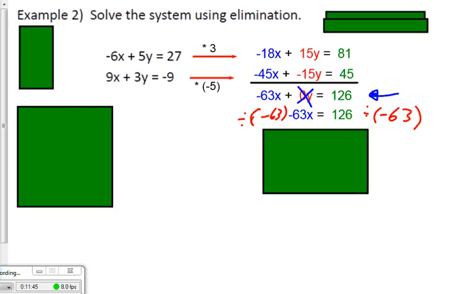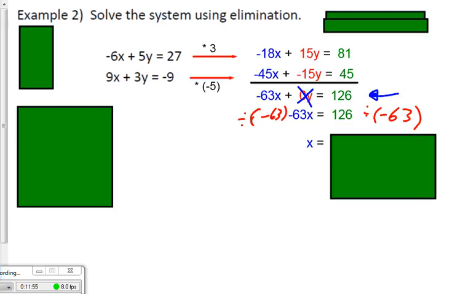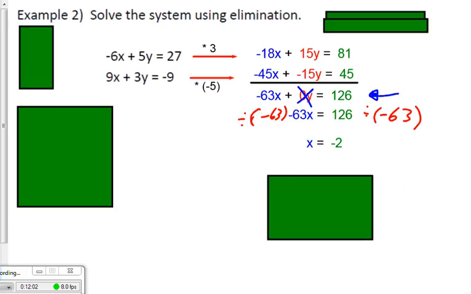This piece will just become x, because we got rid of that negative 63 out in front of it. 126 divided by negative 63. Positive divided by negative has to be negative. 126 divided by 63 is 2. So we figured out x has to be negative 2 in this case.